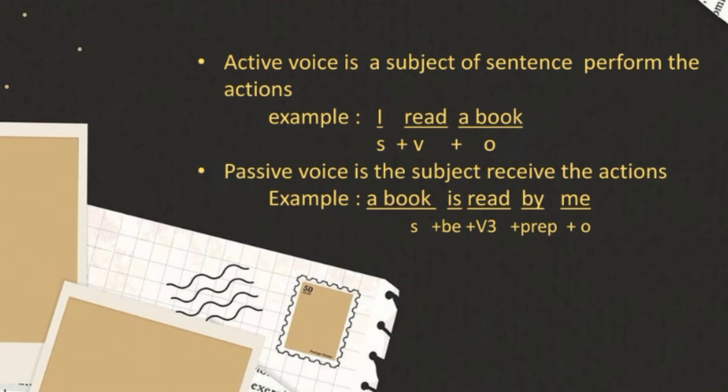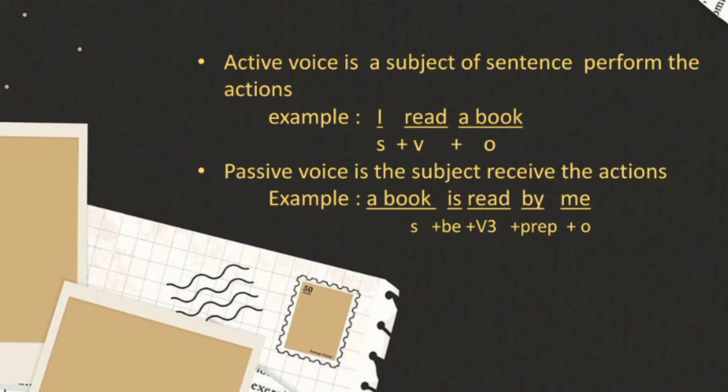The book, which is the subject in passive voice, becomes the object in active voice. After that we add to be, that is "is", and next we use the past participle or verb 3, that is "read".